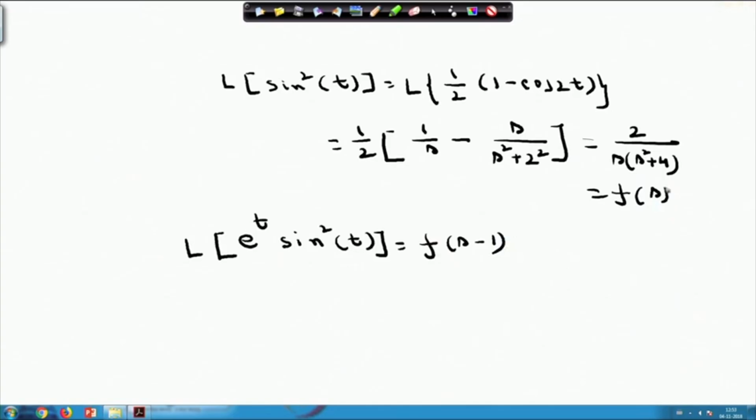F of s minus 1 means this will be 2 by (s minus 1) into ((s minus 1) whole square plus 4), and you can make it simpler also this way. So, I think it is clear. In the next classes, we will do some more examples and we will go through some more properties on Laplace transforms.